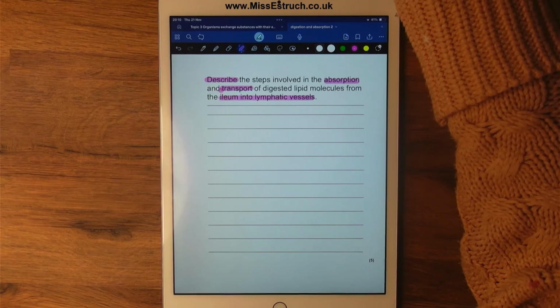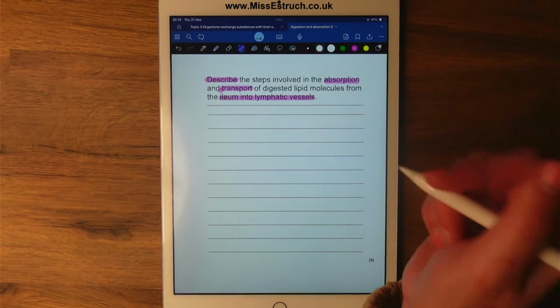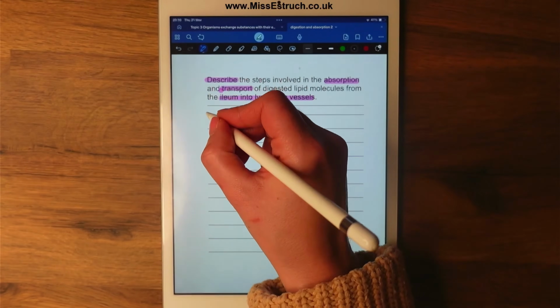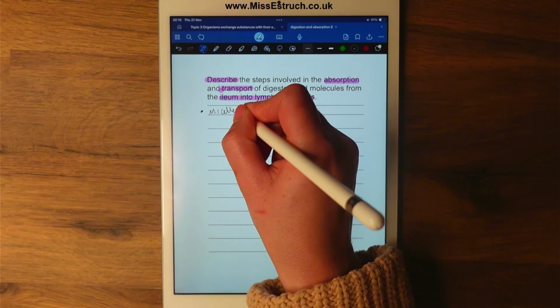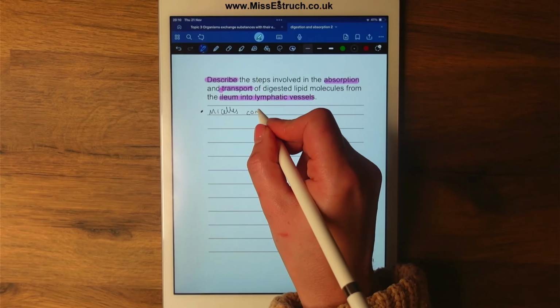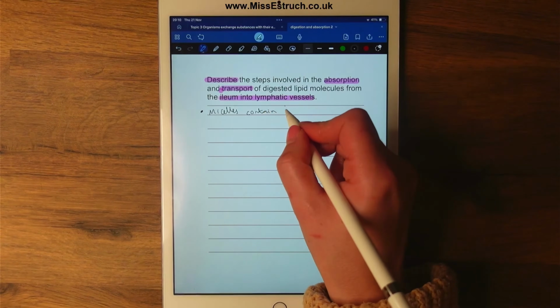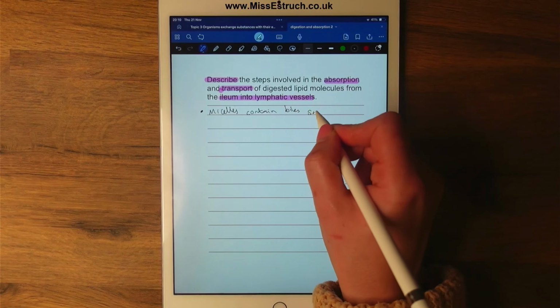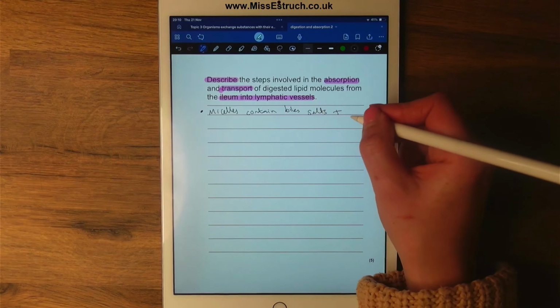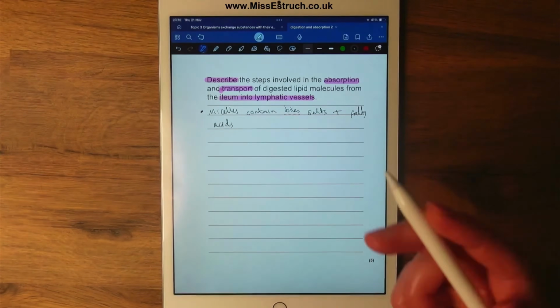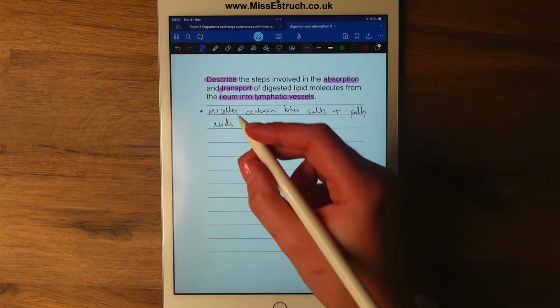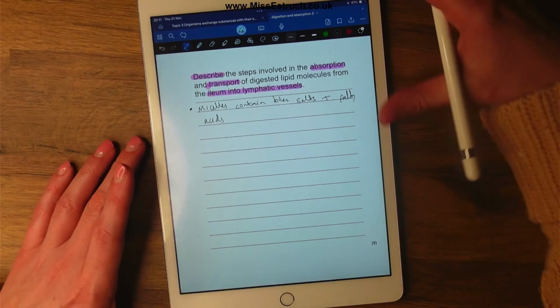So the first thing that we talked about on the other page was those micelles. So I'm going to say micelles contain bile salts and fatty acids. You could say monoglycerides as well. Oops, I just realised I completely knocked that out.